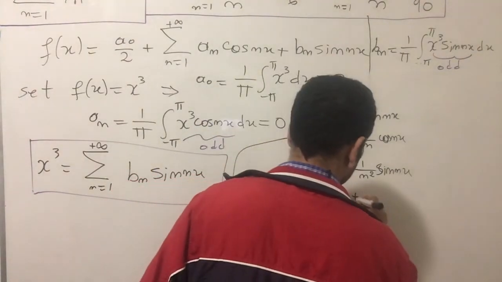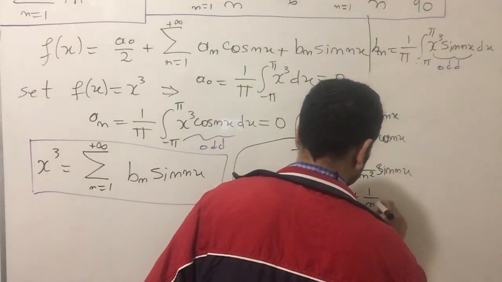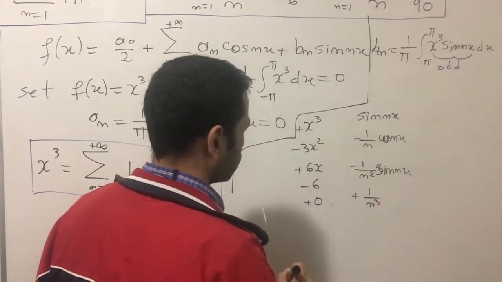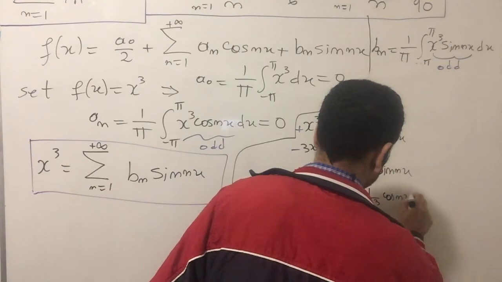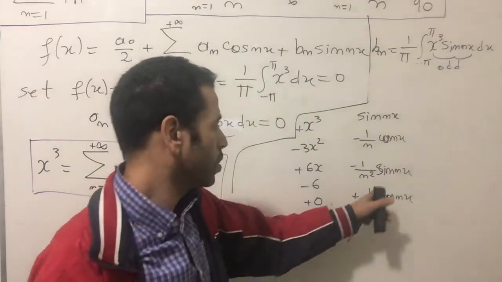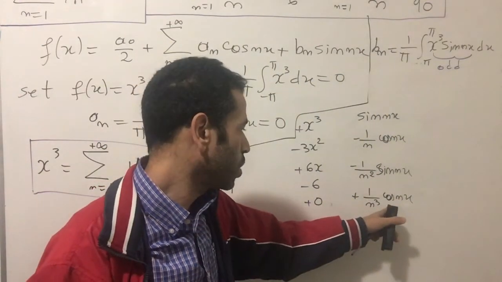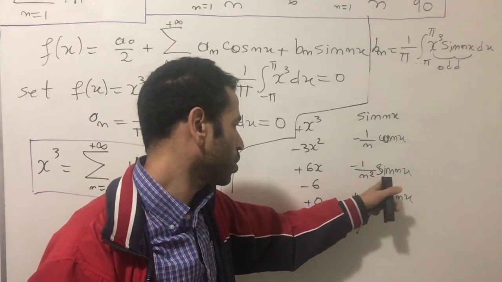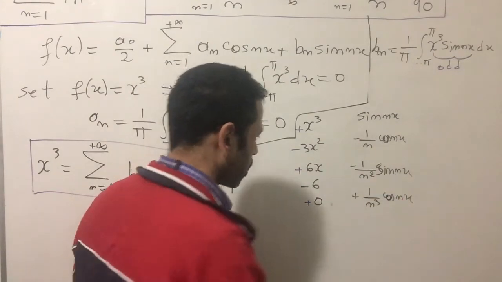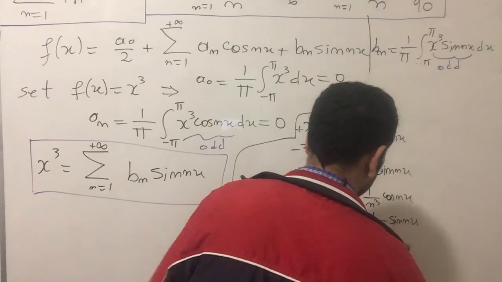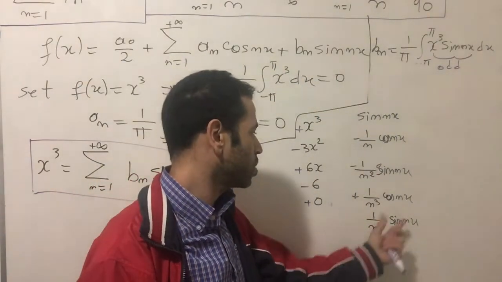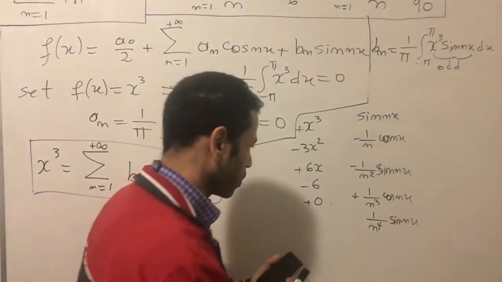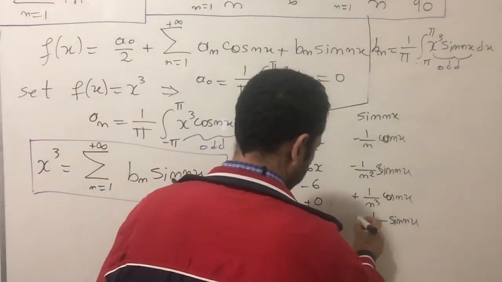The other one will be plus 1 over n cubed cosine nx, because this is the integral of this one, so if you differentiate it, it takes you back. The last one is the integral of this one, because if you differentiate this one, it takes you back to this one. So this one has a plus sign as well.